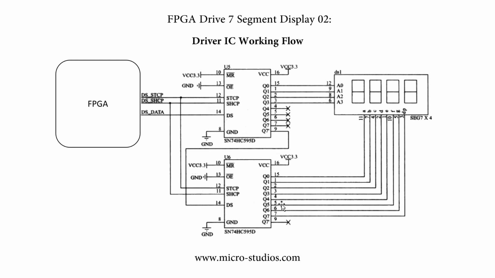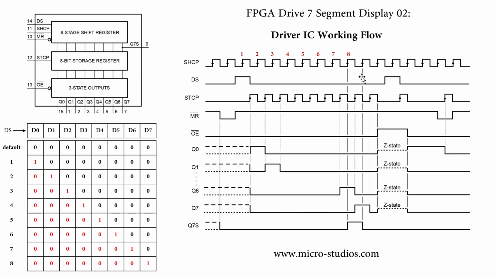This is 8 bits, and this is 8 bits, so together it is 16 bits, all coming from this single bus line, by the serial shift out data. Understanding this is quite important to understand the driver IC working flow.